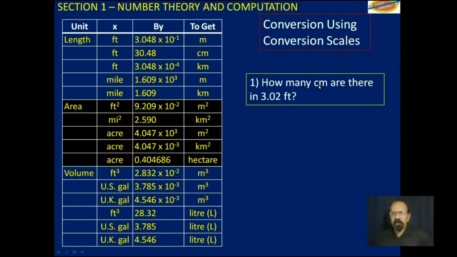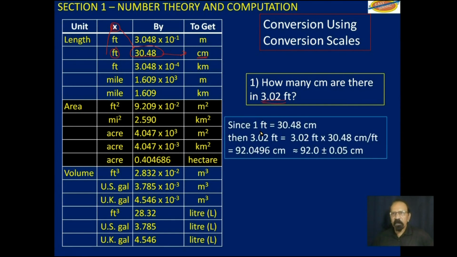So how many centimeters are there in 3.02 feet? So we want centimeters, and we are given the unit in feet. So we will take that 3.02 feet, multiply it by this factor, and we will get the answer in centimeters. Since 1 foot is equal to 30.48 centimeters, then 3.02 feet will be 3.02 feet times 30.48 centimeters per foot.